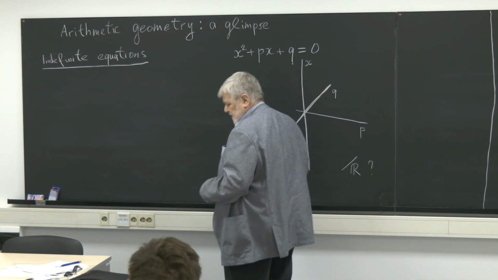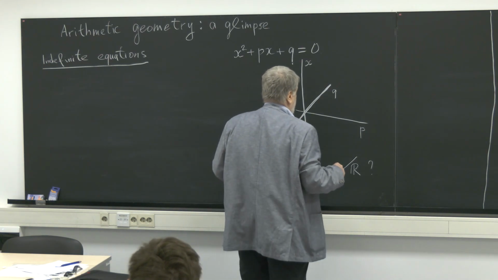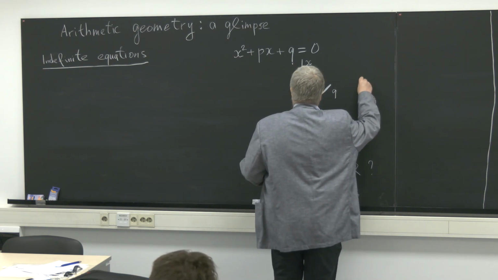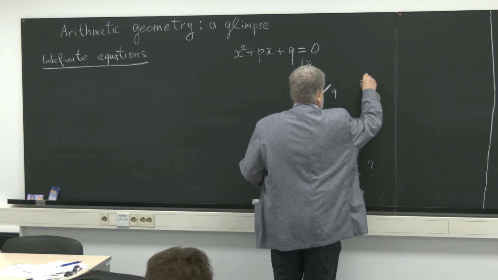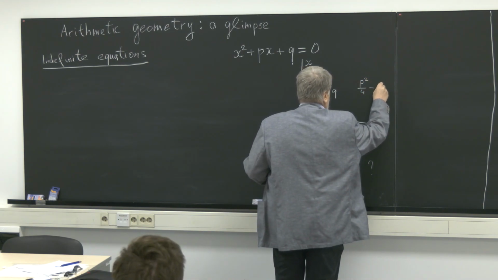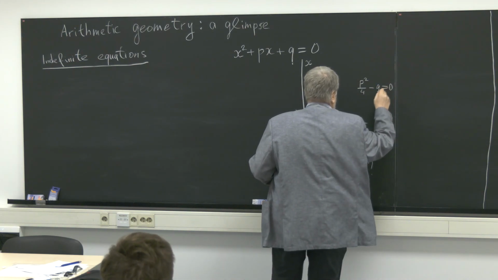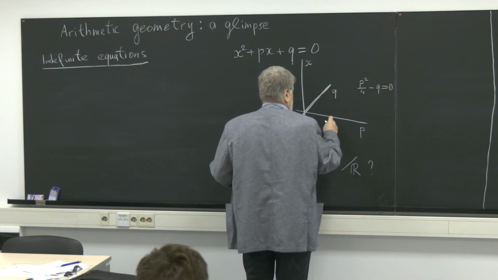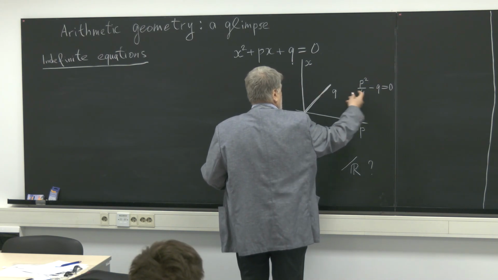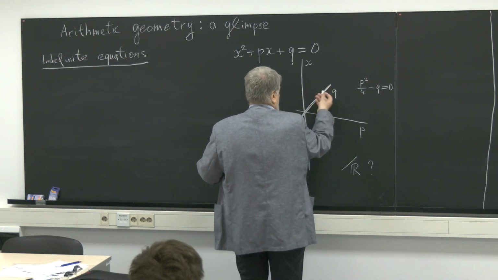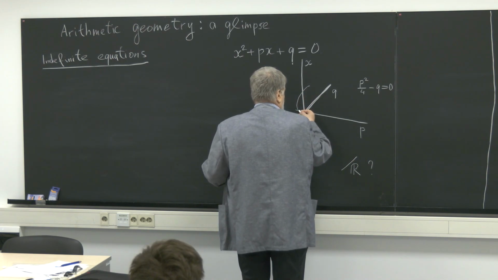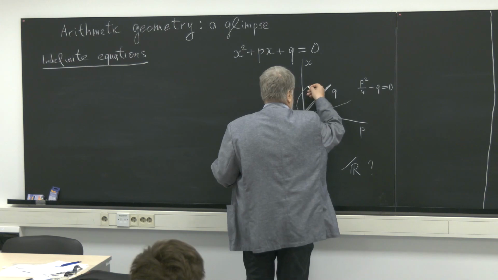I don't know, maybe you see it immediately. In fact, I'm not good at drawing space pictures, but what we really know is that there is a special curve on the base of it, p squared minus 4q is 0. So in the horizontal plane, the PQ plane, we have something like a parabola.